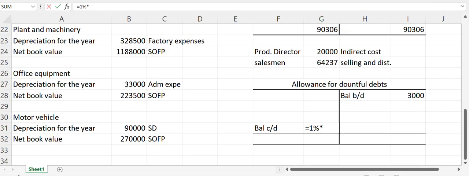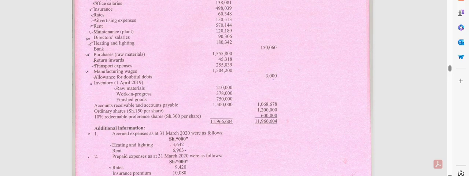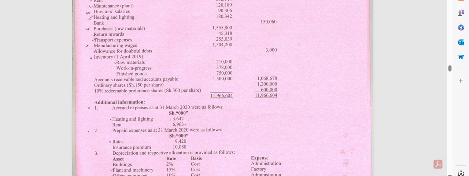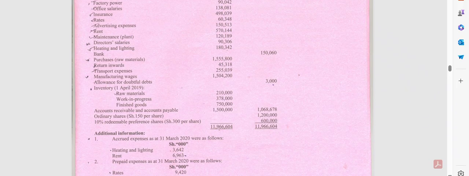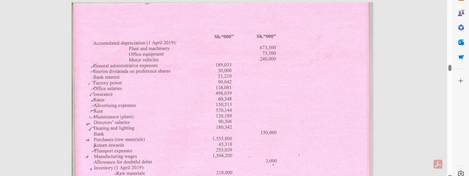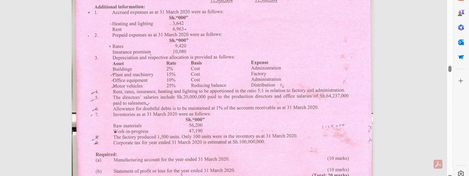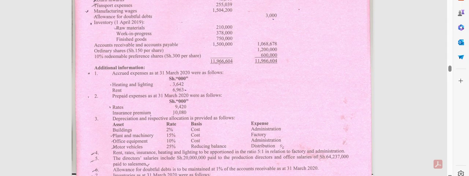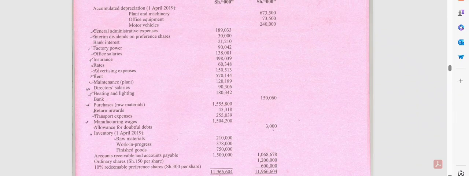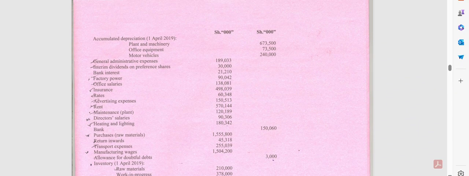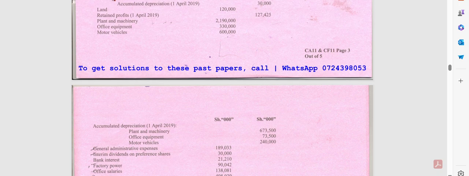So let us go to the account receivables. Closing debtors, or closing receivables, should be somewhere here.